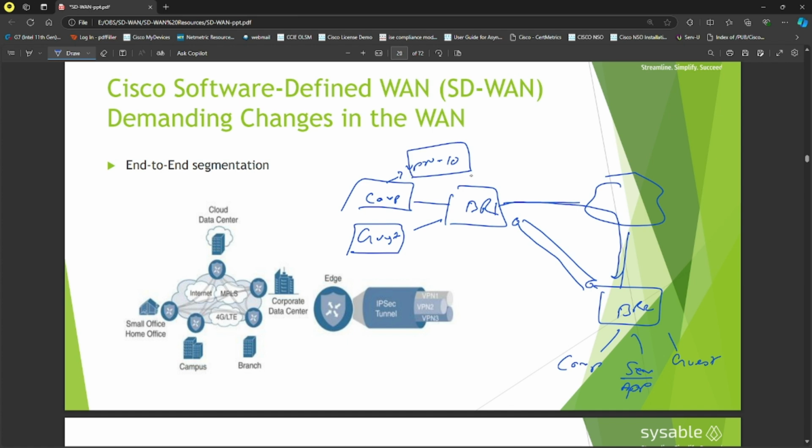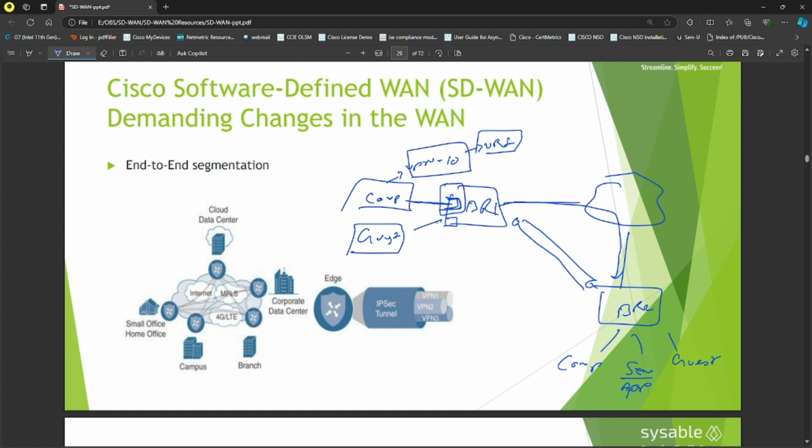And this simply maps to the VRF. So when this Ethernet on the branch device is connected to the corporate switch, you are assigning some sort of VPN number to it, which means it's creating a VRF. So it's entirely a different router now. This part is a different router.